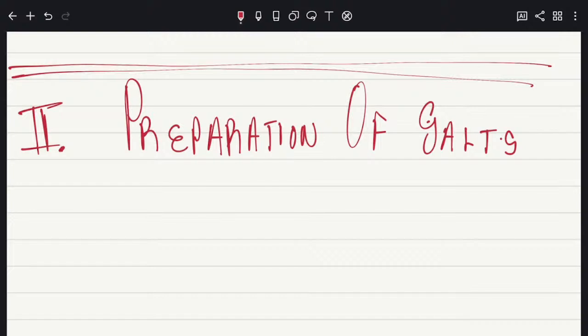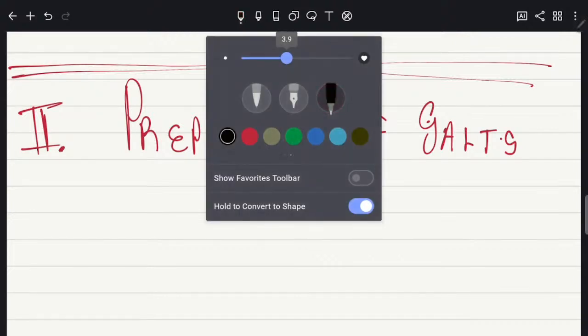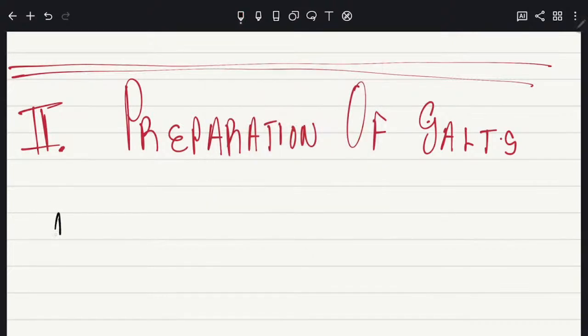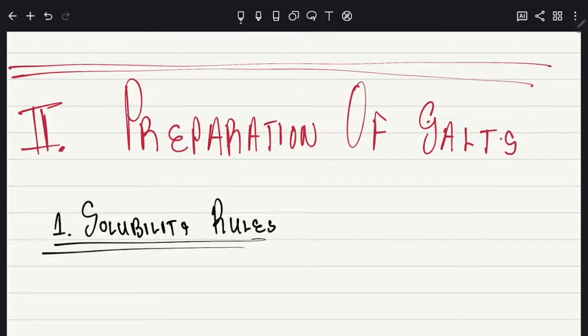What I'm starting with today, part 1, is solubility rules. Then I will explain everything in the next lesson.